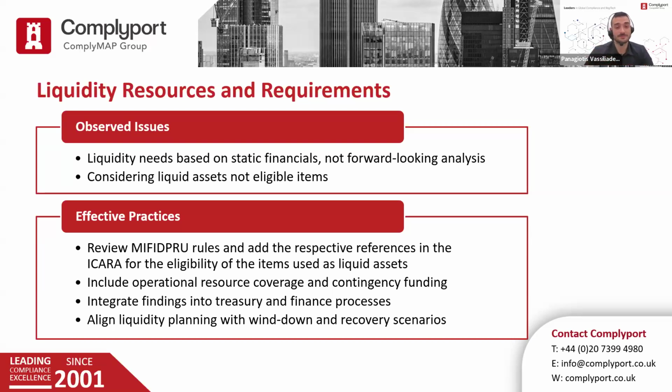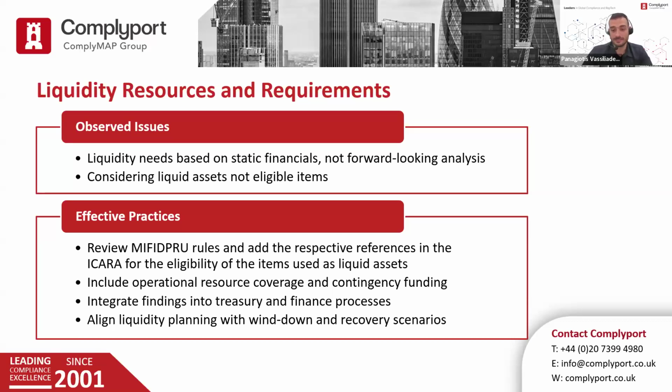First, firms must review the MIFIDPRU rules again. They need to make sure the assets are eligible to be counted as either core or non-core liquid assets. If they aren't, they shouldn't be in your calculation. Second, firms must define the methodology.